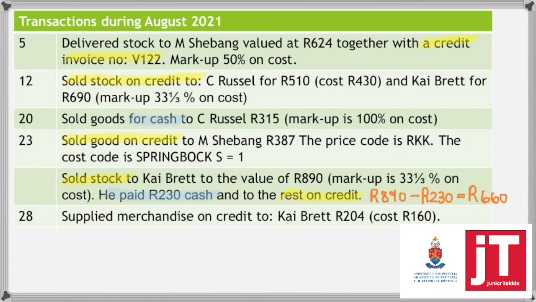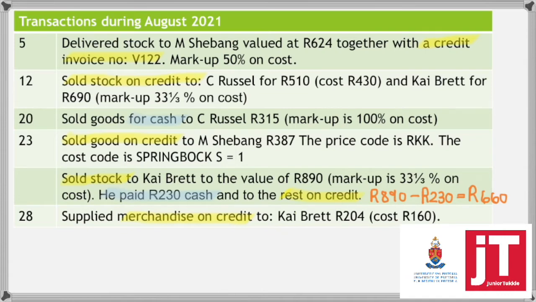So the 230 Rand cash must go to the CRJ, and then the difference, the 660 Rand, will be recorded in the debtors journal. And then finally, sold or supplied merchandise on credit also indicates the debtors journal.